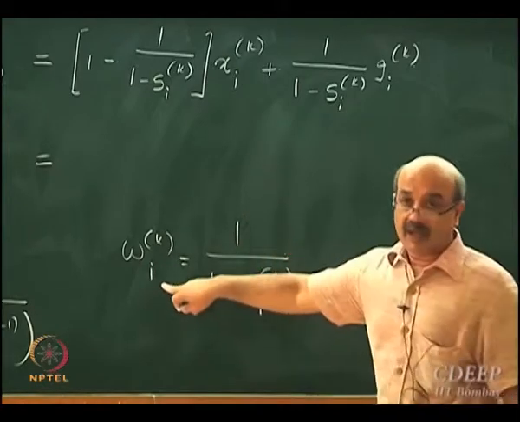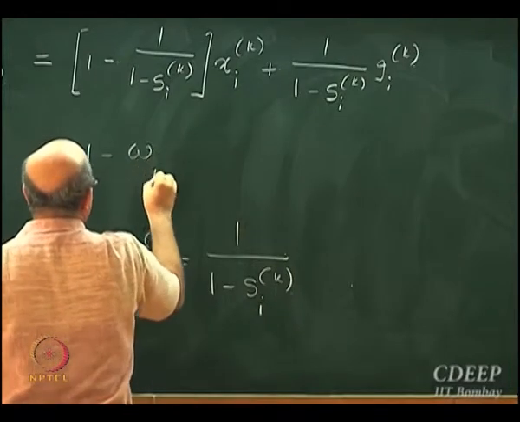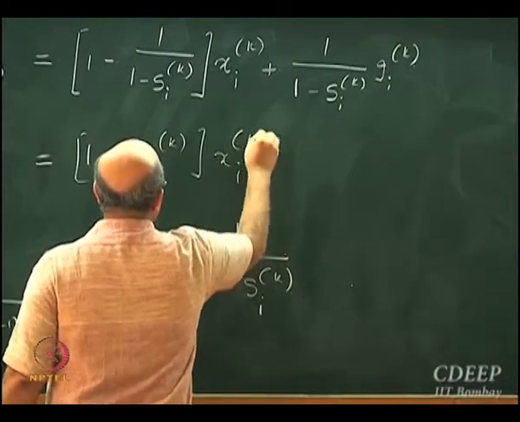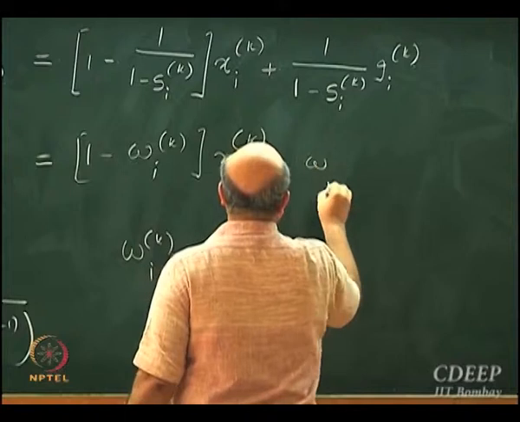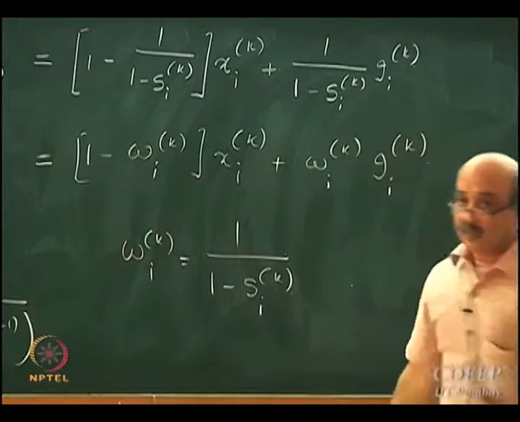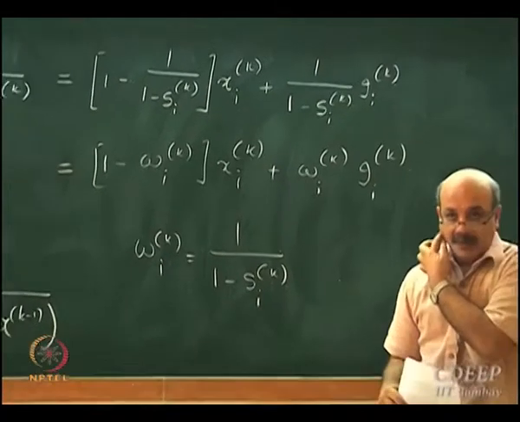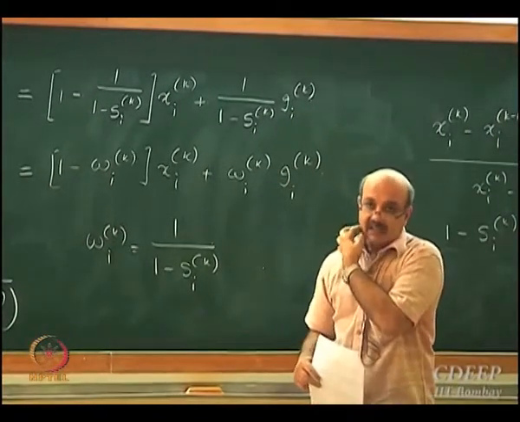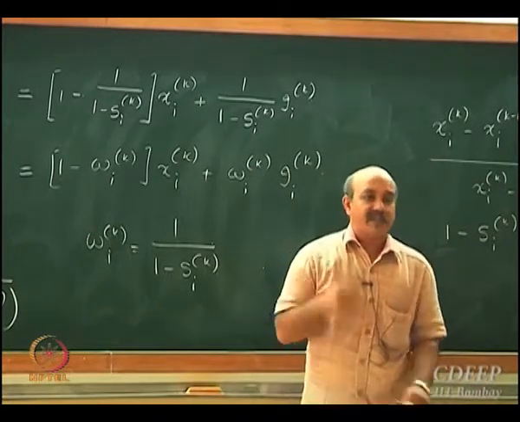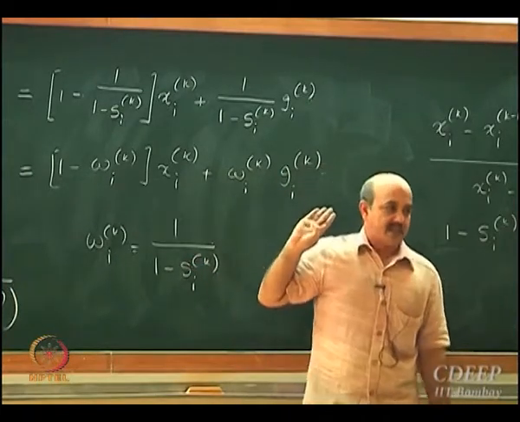Okay, and in terms of omega ik, I am going to rewrite this as 1 minus omega ik xik plus omega ik gik. The reason I am doing this is to draw some parallel with successive substitution with relaxation method. This is like relaxation iterations.